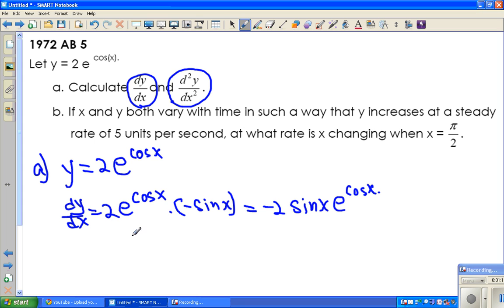Second portion, the double derivative. We just need to find the derivative of this one. So negative 2 stays as it is.